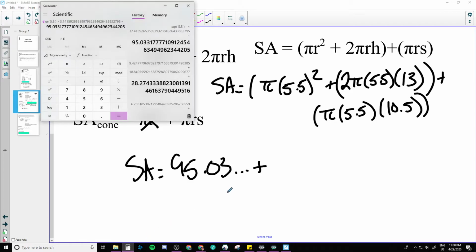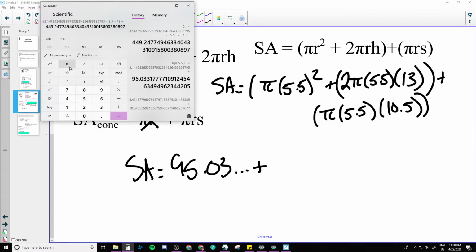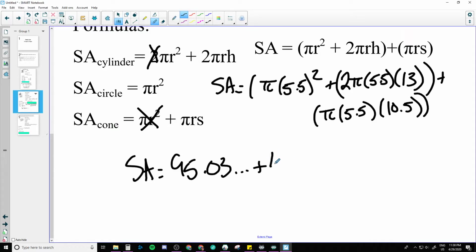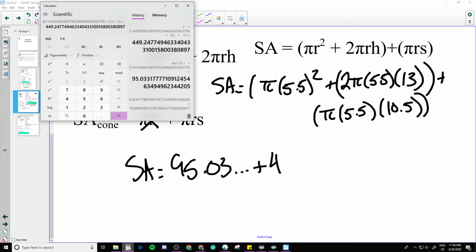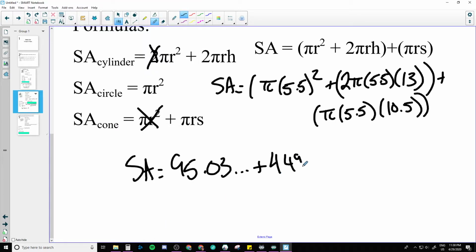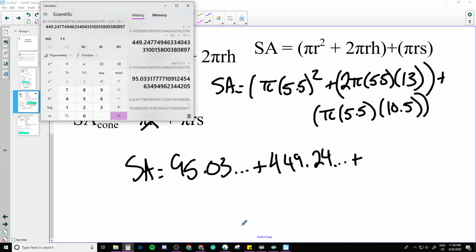Plus, let's do this middle one. 2 times pi times 5.5 times 13 gives us 449.24. And the last one here is pi times 5.5 times 10.5.